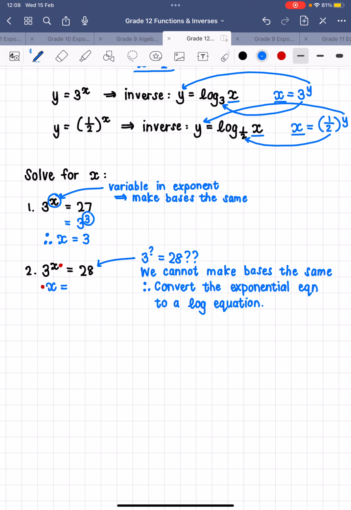So remember, what was the rule? The exponent becomes the subject. We've already done that. The exponent was x. Now the subject of my equation is x. Then we're going to write log. The base of the exponent is going to become the base of the subject. So we had 3 to the power of x, so we're now going to have log base 3. And then all that's left is this final number 28, so we put that behind the log.